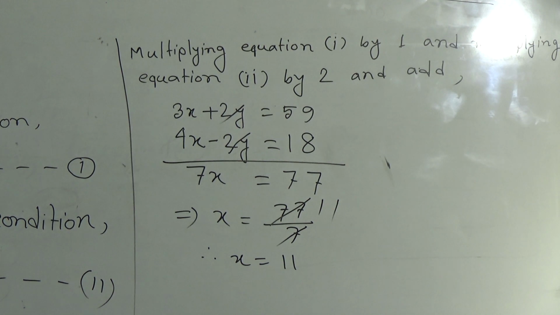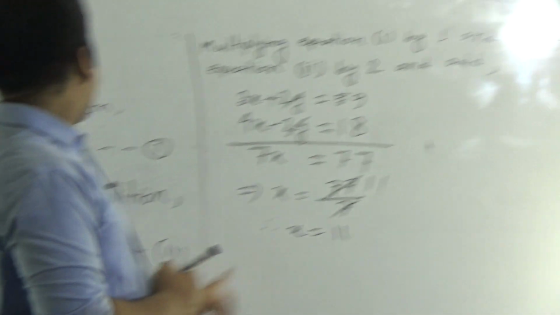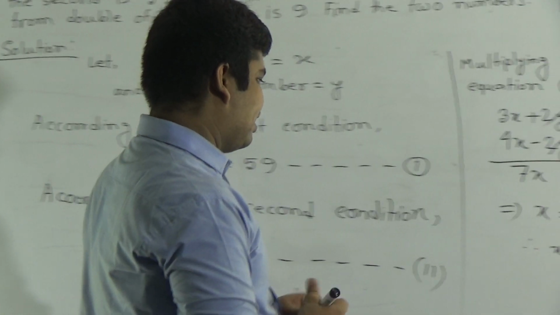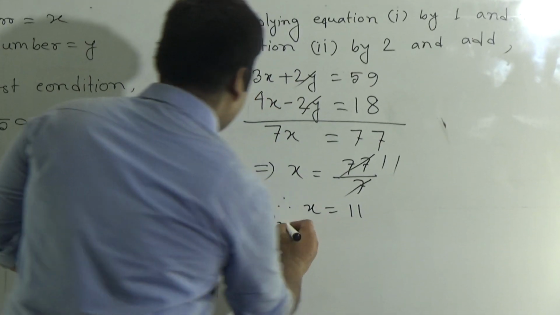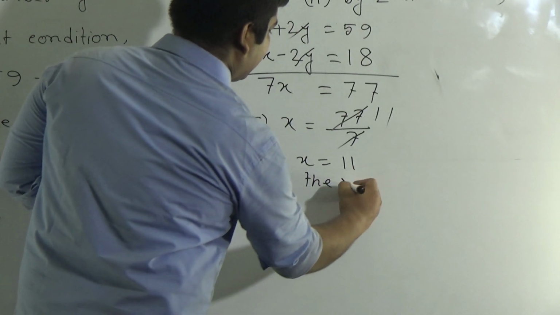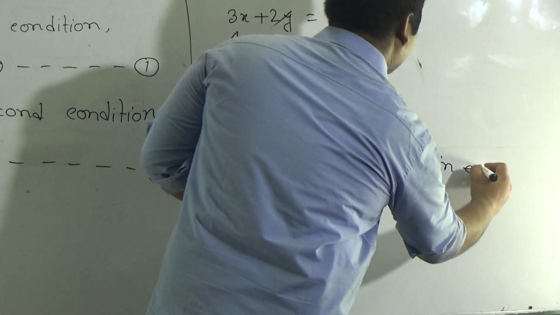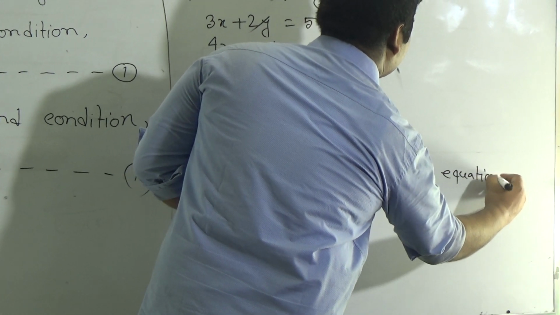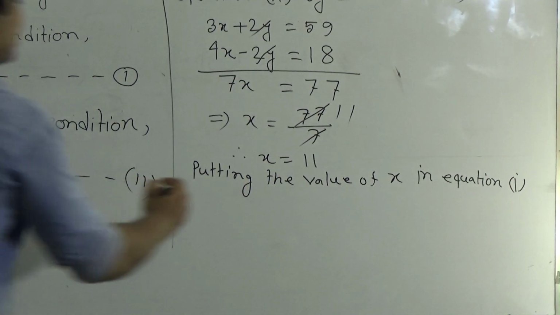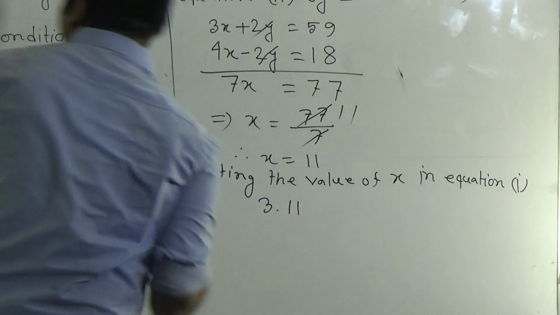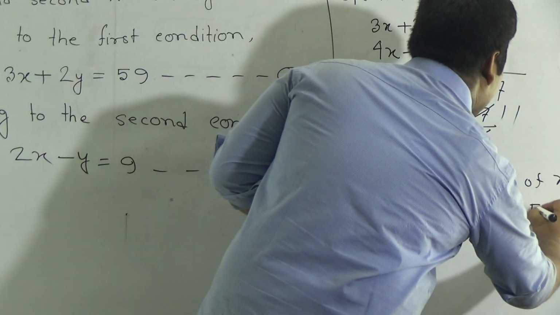Now we get the value of y. How can we do it? We put the value of x in equation number 1 or 2. Here I put the value of x in equation number 1. 3 into x, that means 3 into 11, plus 2y equal to 59.